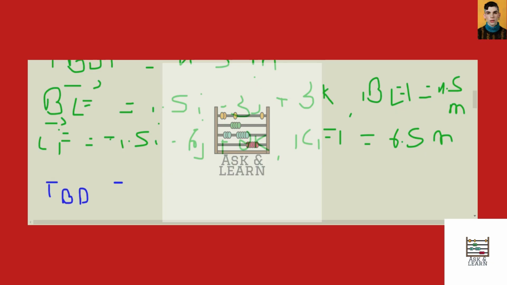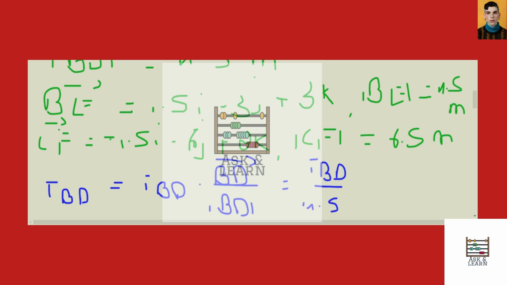So TBD is equal to TBD times line BD over magnitude BD, which gives the answer TBD upon magnitude, which is 4.5, and the line BD is equal to 1.5I minus 3J minus 3K.